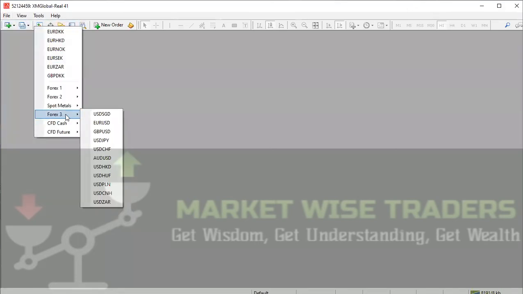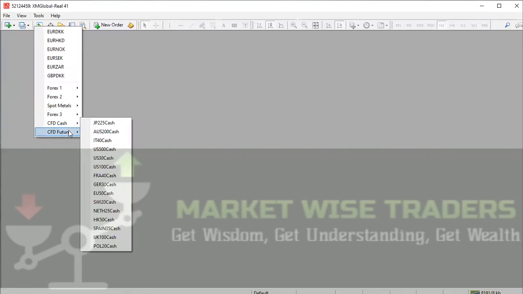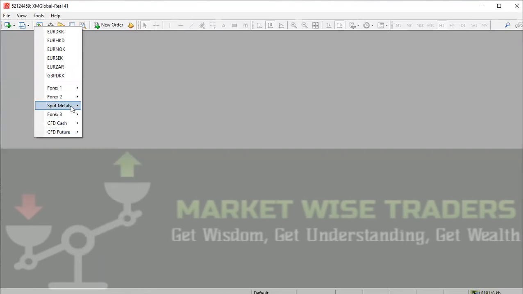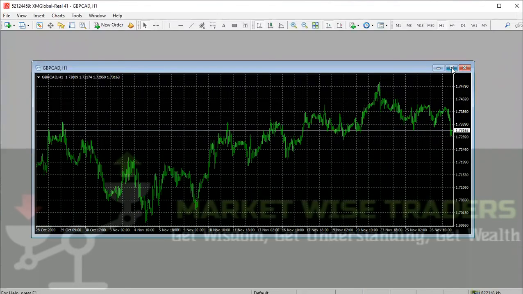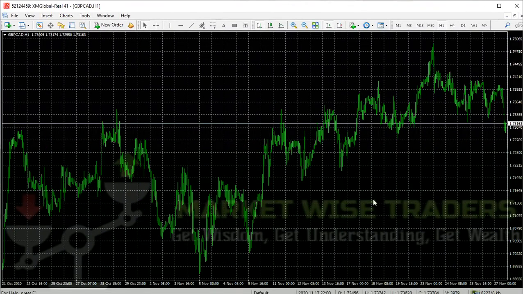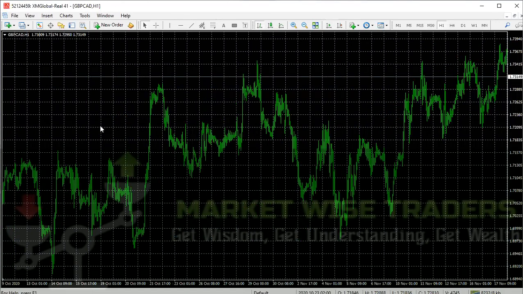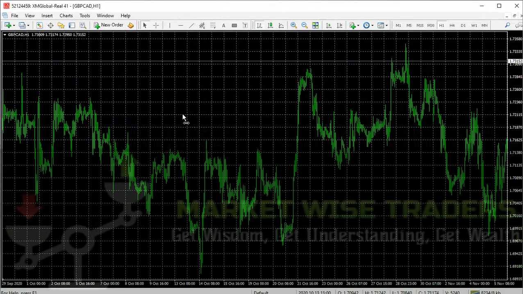Whatever you can think of, this market maker cycle is there. Okay, let's just take a Pound Cad, see if I can see anything. At times they can hold it out a little bit longer, but the cycle will still be seen and visible.